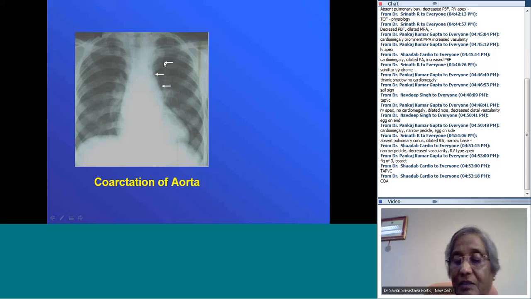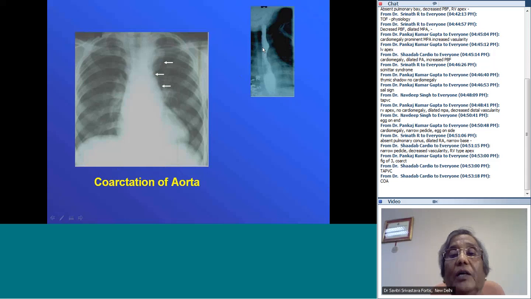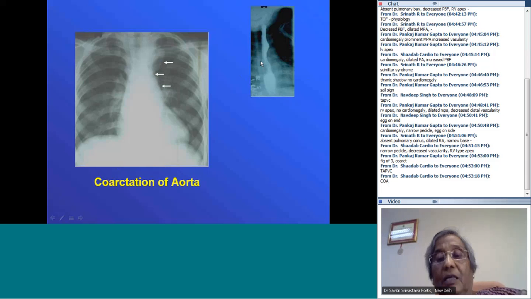Now, if you do a barium swallow, then wherever there was a dilatation, you will see a negative shadow, and where there was a constriction, you will see a bulge. So this is the area of bulge, and these are the two dilatations. So this is the E sign, and this is, as I told you, the 3 sign.